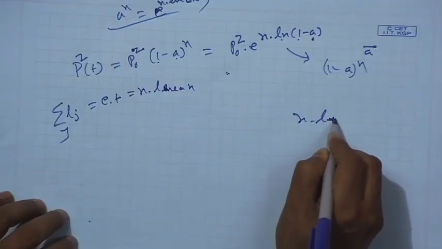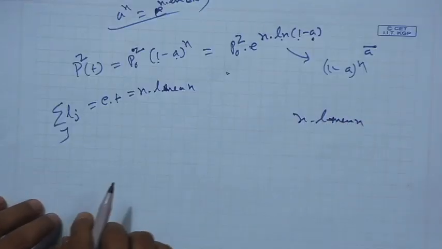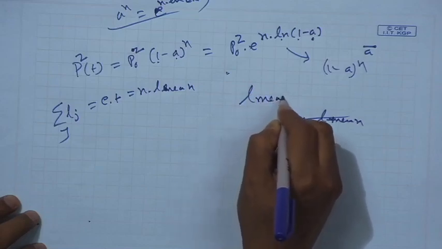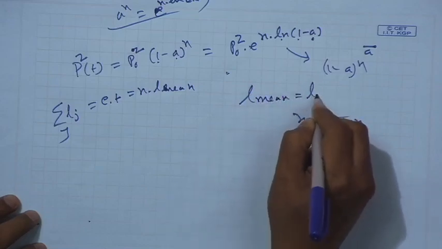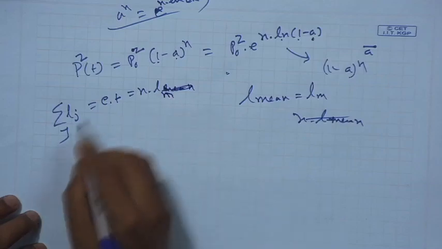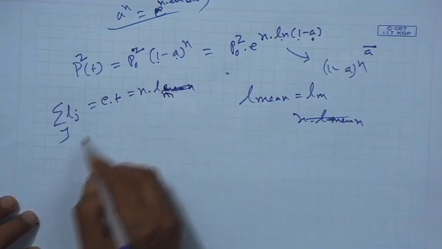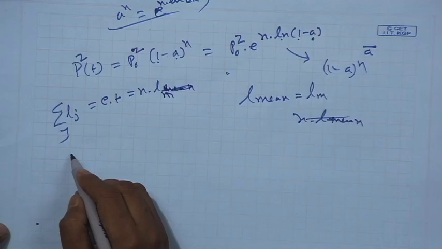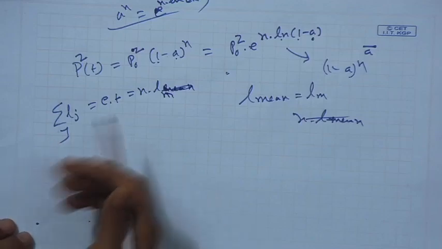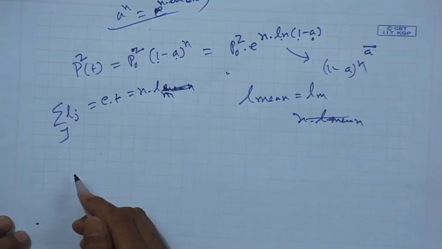So, if it is n times reflected, then n into L mean, which is nothing but c into t, the total time taken multiplied by c.